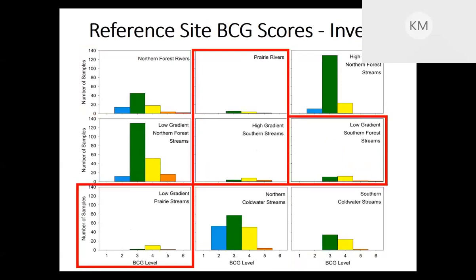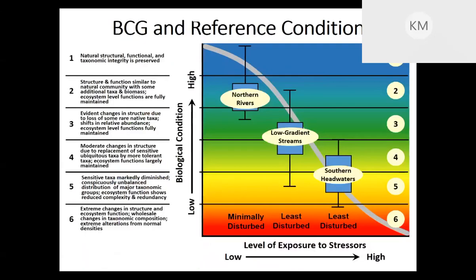In general there's a small number of these sites, and they tend to be shifted down that BCG level. So we have this concern that if we take these IBI distributions for the reference sites and calculate the 25th percentile or some other statistic, we'd be setting the bar differently. And that's basically what the BCG is telling us.